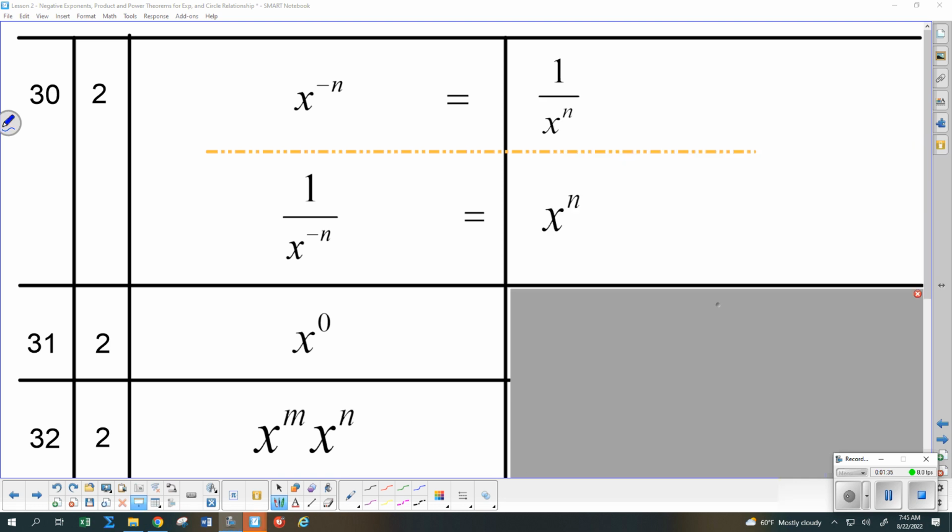So if I had, for example, x to the minus 5, that's the same as 1 over x to the 5th. Or if I had x to the 7th, that's the same as 1 over x to the minus 7. Or if I have the minus 7 in the denominator, I can move that to the numerator and make it a positive 7.